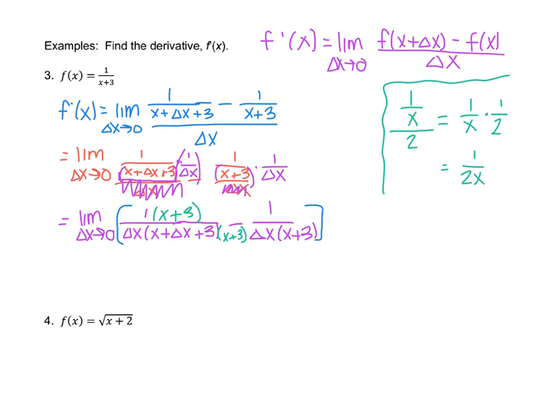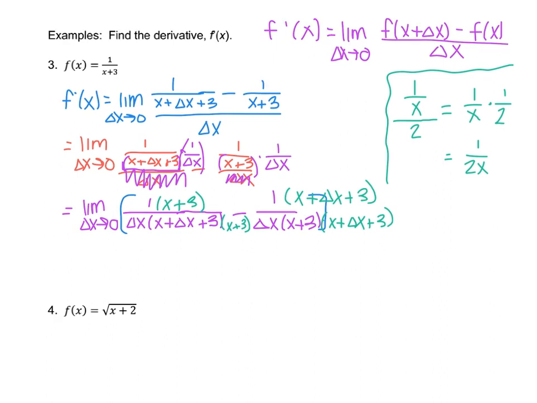And now you'll see what my common denominator is going to be. So to get this one to have that common denominator, I need to multiply it by this whole thing, x plus delta x plus 3 in parentheses. So that's going to be times x plus delta x plus 3. But I have to multiply the numerator as well. So what does this result in?